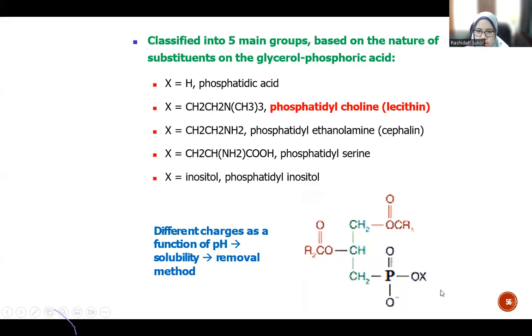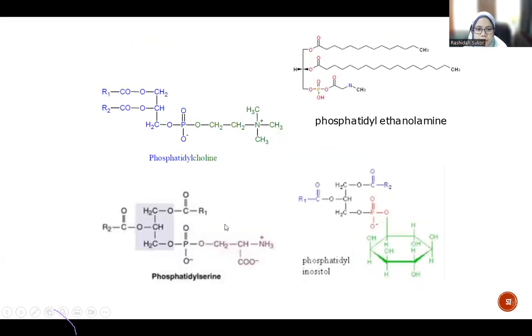You just replace the X group. So different charges as a function of pH, solubility and removal method. This is just showing you the structure.